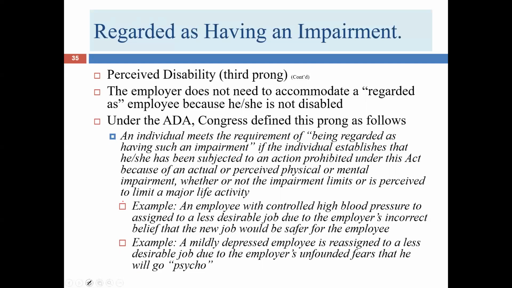So here are 2 examples. An employee with controlled high blood pressure is assigned to a less desirable job due to the employer's incorrect belief that the new job would be safer for the employee. Now, I would say that most of the time high blood pressure is controlled by medication.